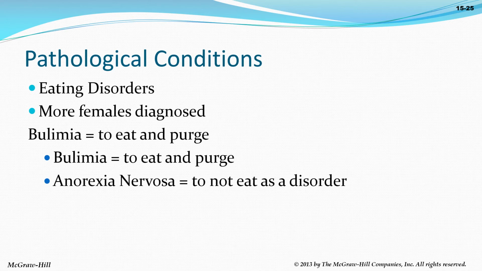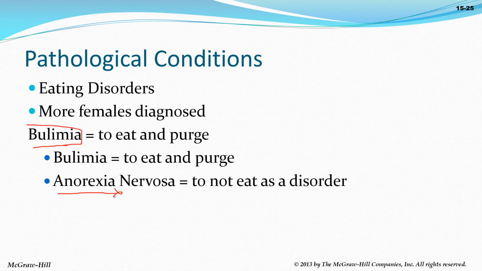Some disorders: bulimia, so you eat and you purge, and then we have anorexia. This is more of starvation, and they might view in the mirror, they might see a fat person even though they're skinny. So it is a psychological disorder.